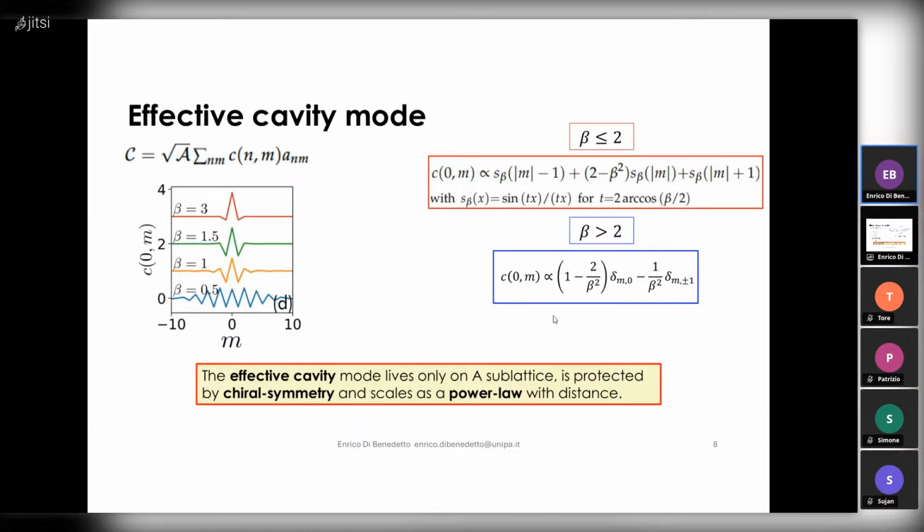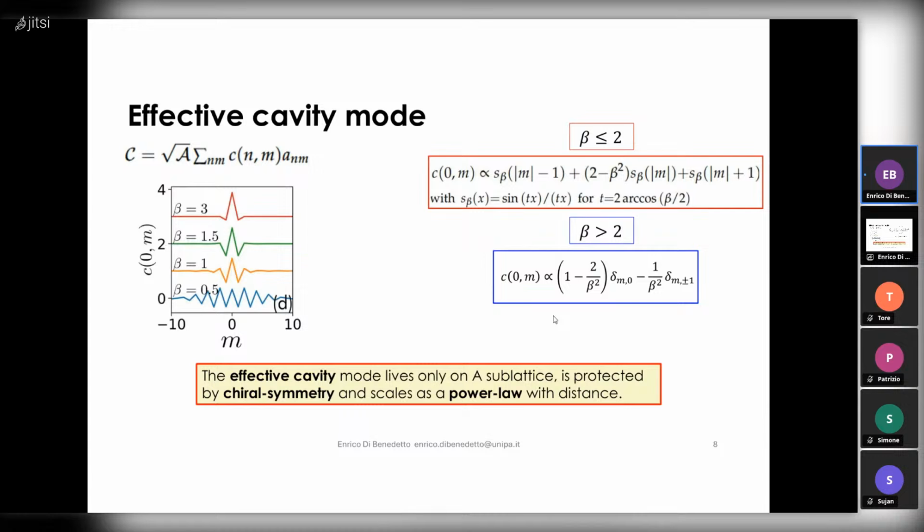You can perform the calculation and you see that the cavity mode on the edge scales as a power law with distance. In a standard full flat band system, you get exponential scaling and you cannot escape that. In this system, since you have a partial flat band, which is a topological signature, you get power law scaling.